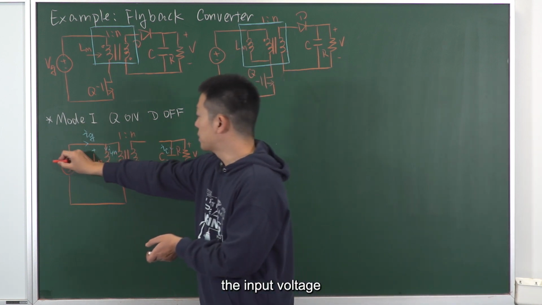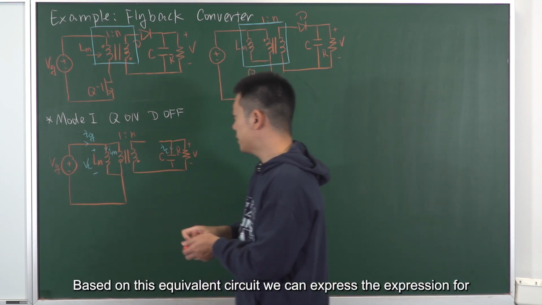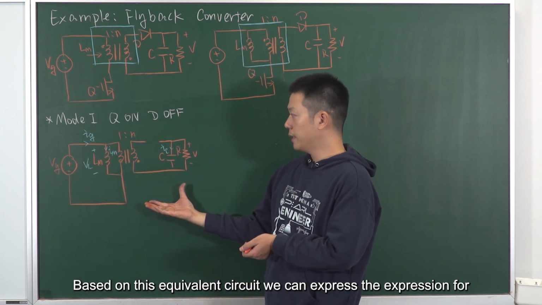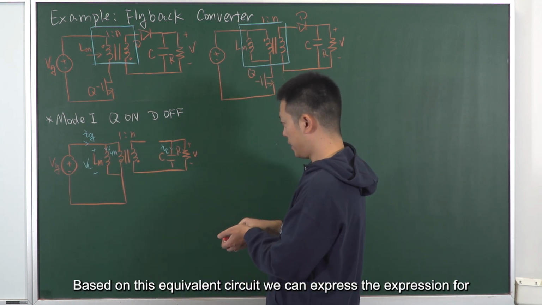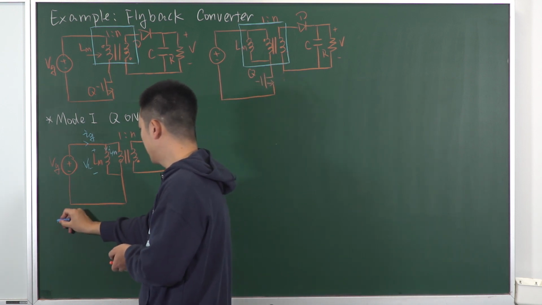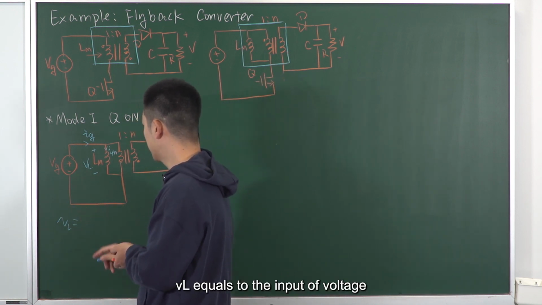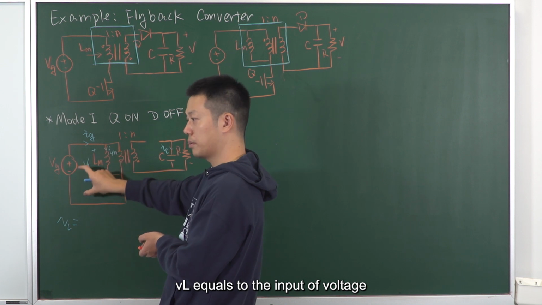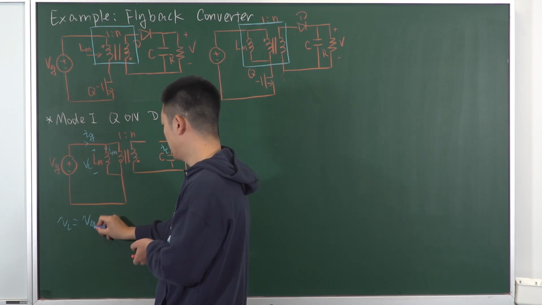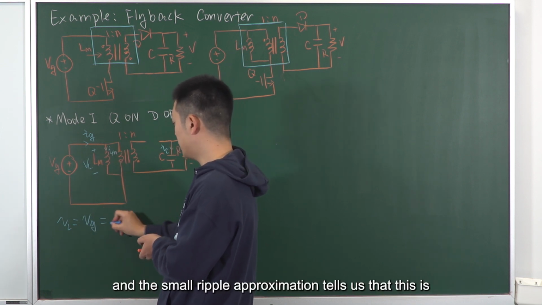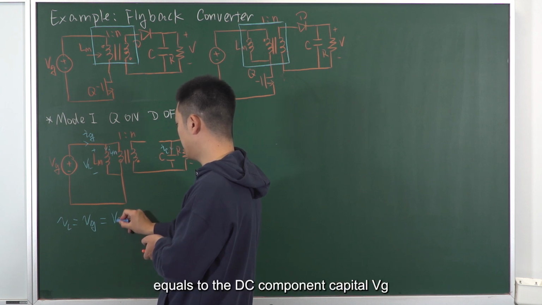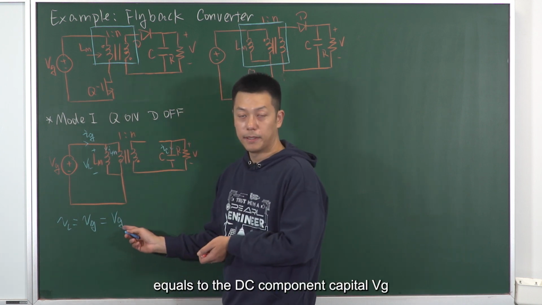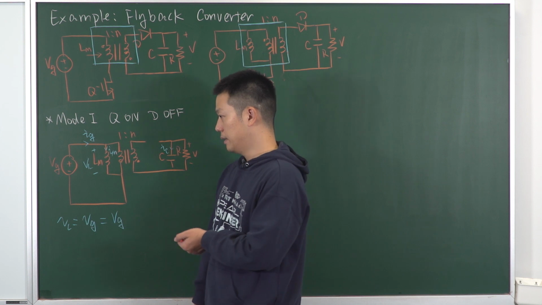The input voltage. Based on this equivalent circuit, we can write the expression for VL, which equals the input voltage. And the small ripple approximation tells us that this equals the DC component, capital VG.